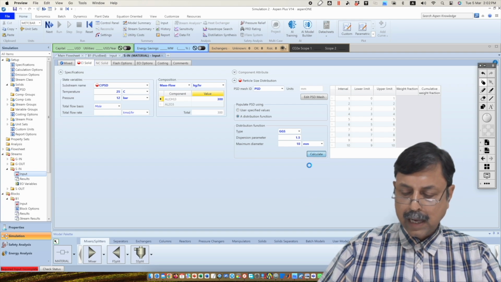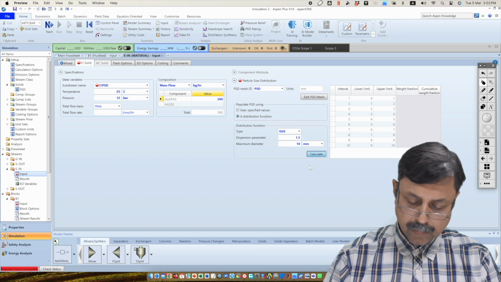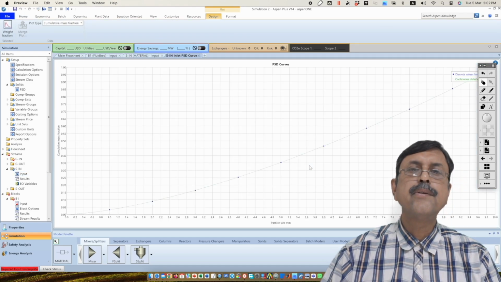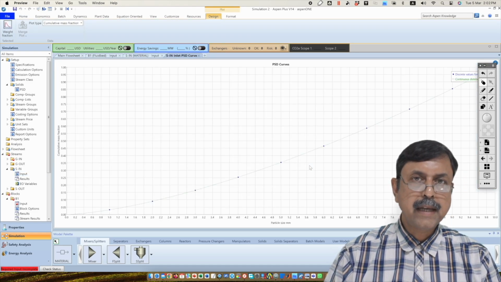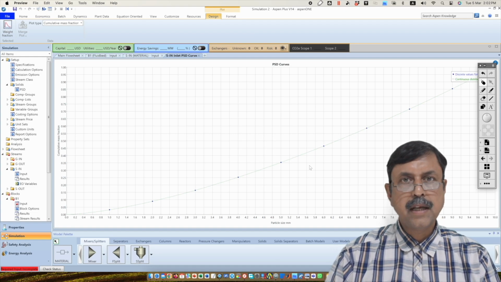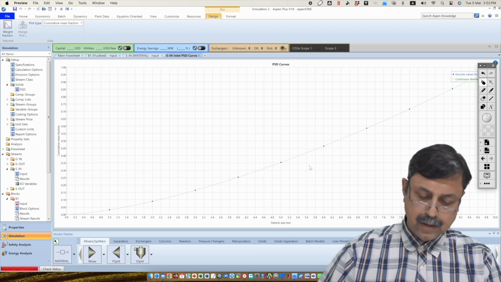Calculate. So the particle size distribution has been calculated based on the information that we have given. This is the inlet particle size distribution.